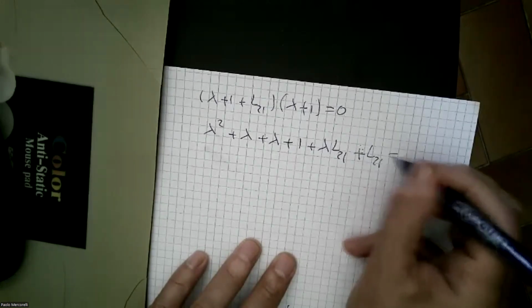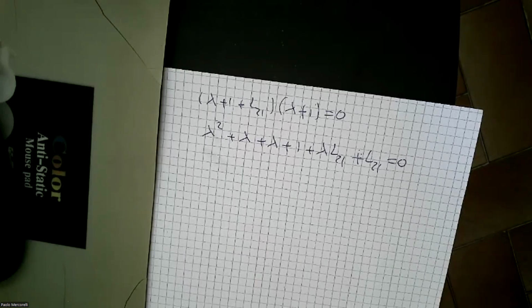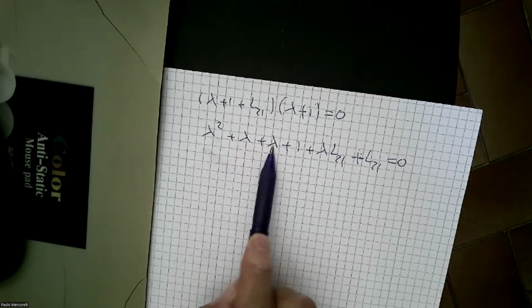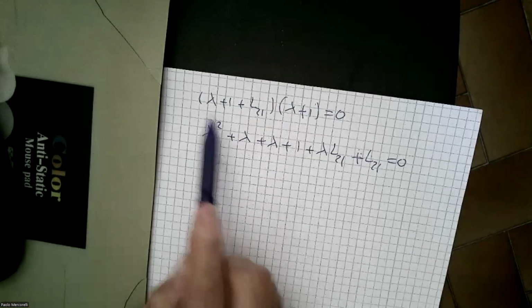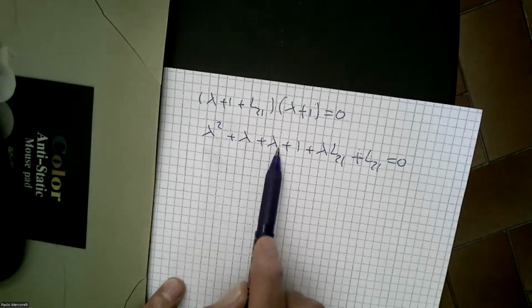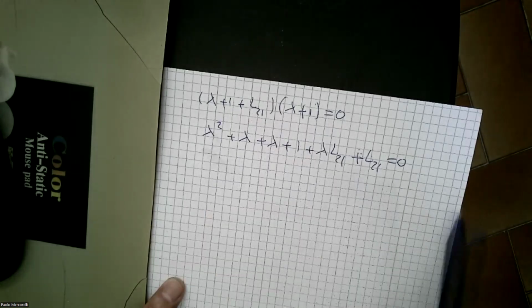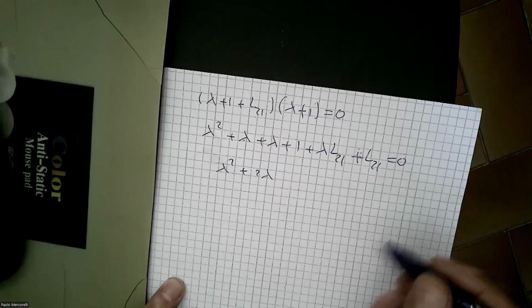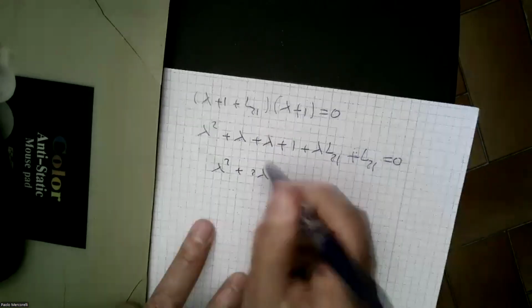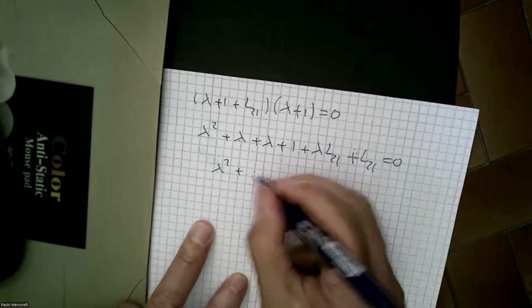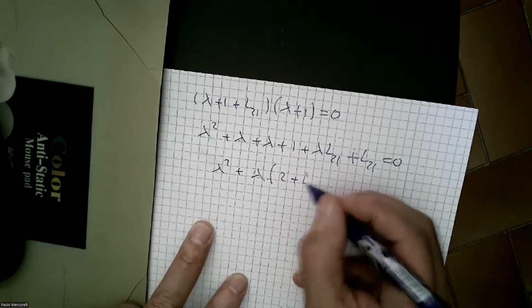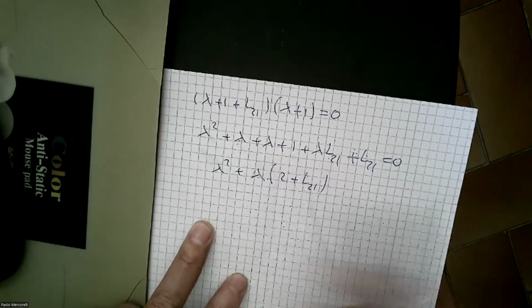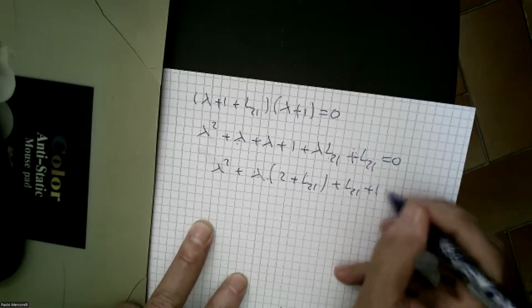Yeah, I forgot L21. Let me do it better: lambda which multiplies 2 plus L21, plus L21 plus 1. I hope no mistakes.